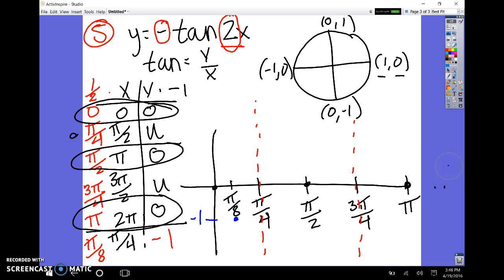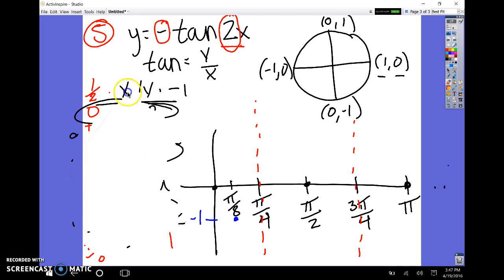A lot of you have trouble figuring out which direction the graph should be going, so let's talk about that real quick. I'm going to erase this table if it's okay, just so I have some space. You should, of course, have this in your notes already.